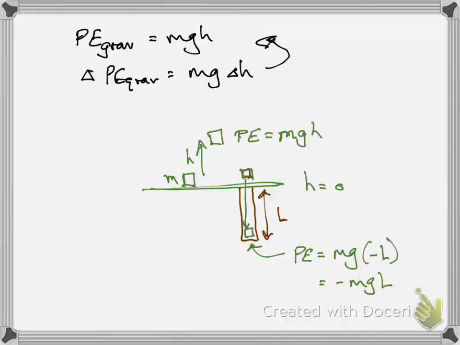I mean, we always say you can define h equals 0 where you want. If you define h equals 0 at some arbitrary point, then positive versus negative is not meaningful. But negative potential energies, or negative total energies, are actually meaningful if we define things well.